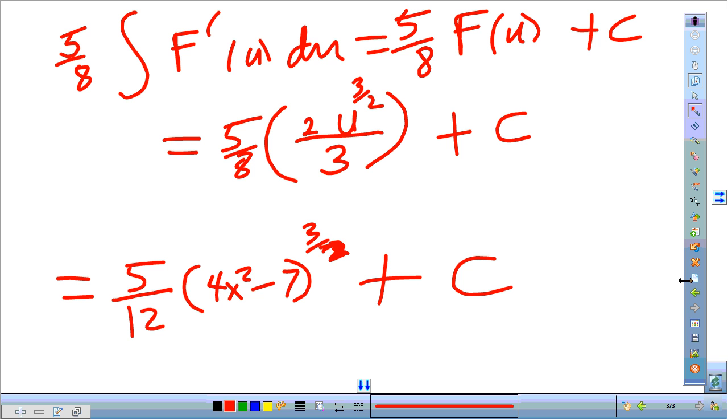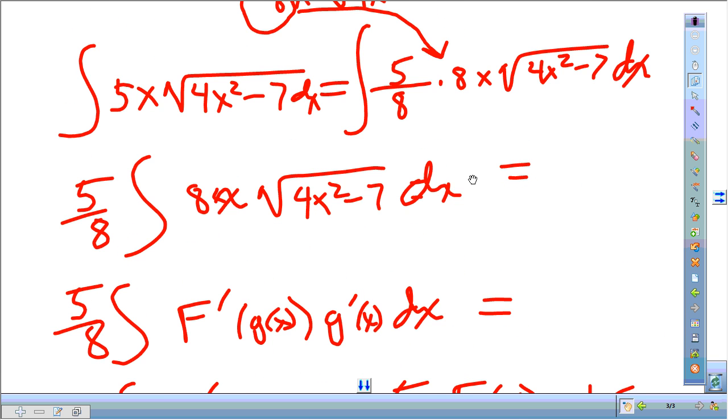So I had this list of factors. I divide it into 2 parts, and one of these parts looks like, I almost read it off as a composition, the square root of something else.